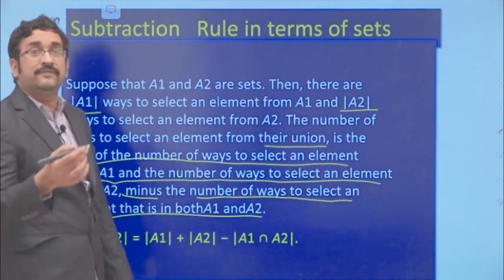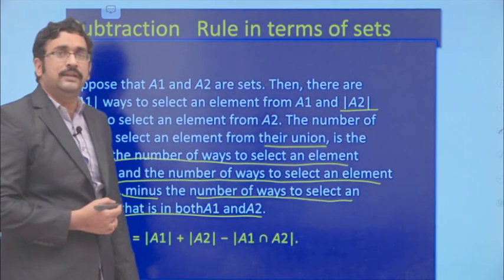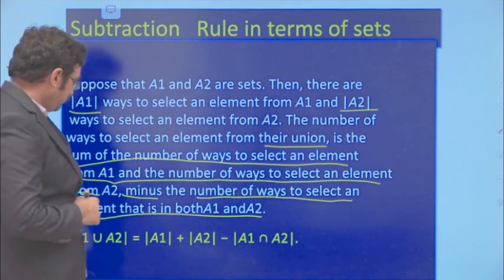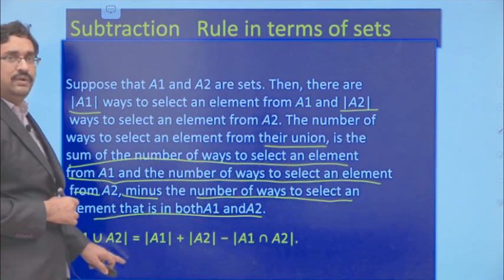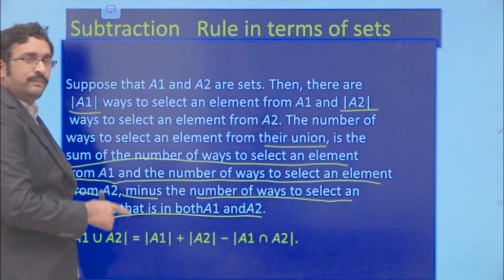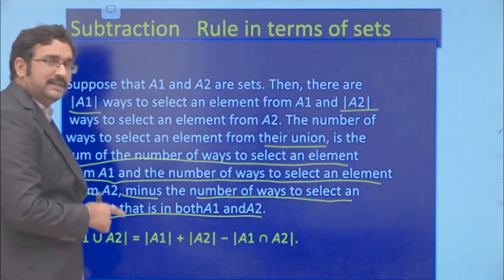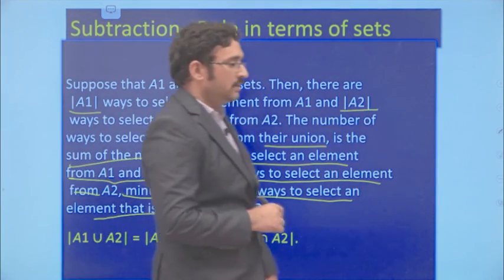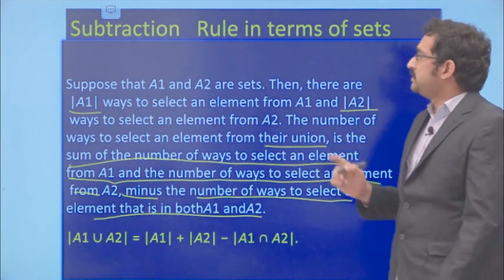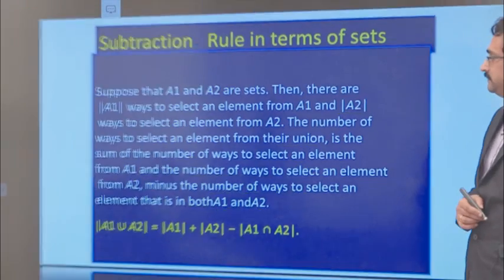So in terms of sets, the subtraction rule can be defined as modulus of A1 union A2 equals mod A1 plus mod A2 minus mod A1 intersection A2. So this is nothing but the subtraction rule in terms of sets.